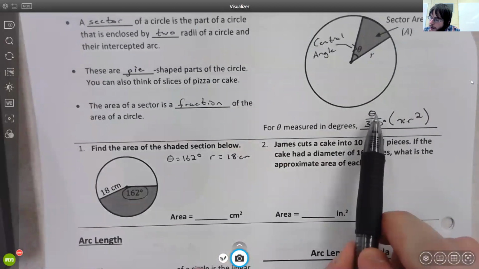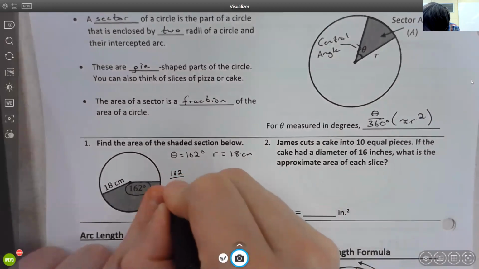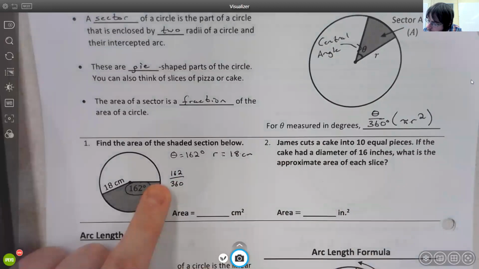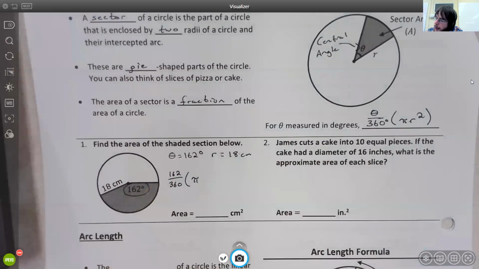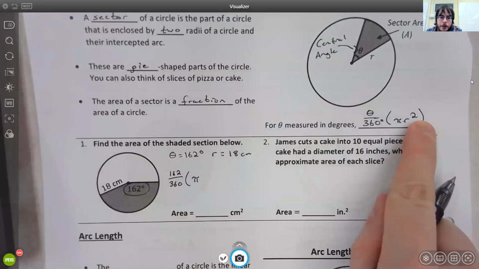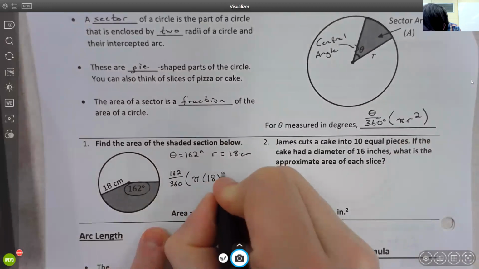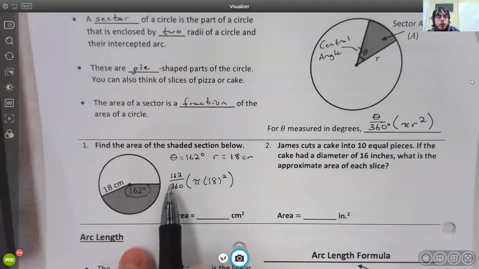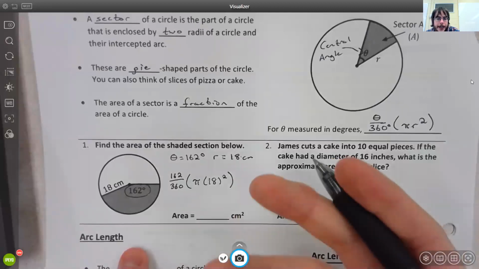So theta over 360, so 162 over 360 times pi times r squared. Well, r is 18 squared. So this is what you would type into your calculator to determine a rounded answer.